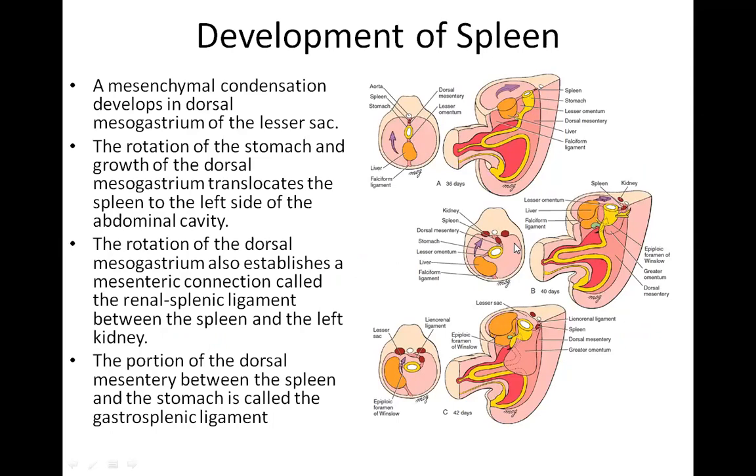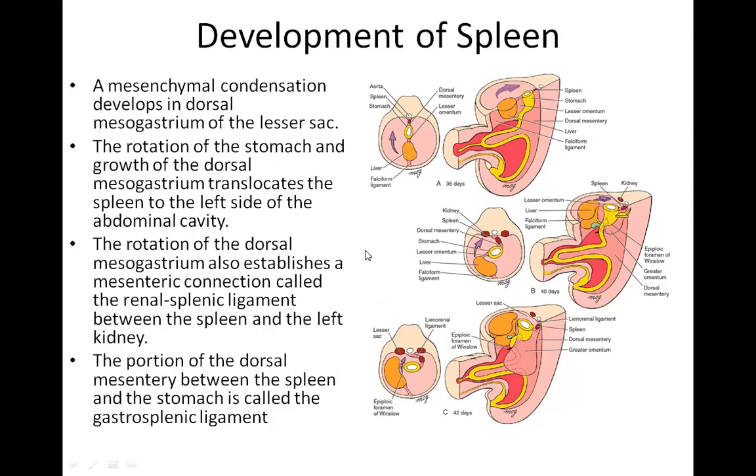Initially it was lying in the midline, and later on it gets displaced to the left side of the abdominal cavity. The rotation of the dorsal mesogastrium also establishes a mesenteric connection called the splenorenal ligament, which is between the spleen and the kidney, and there is a portion of the dorsal mesentery between the spleen and the stomach, known as the gastrosplenic ligament.